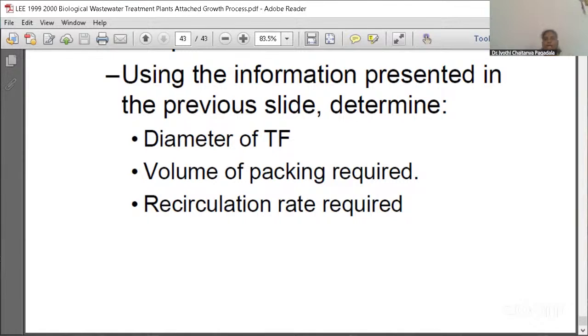The conventional pollutants measure the oxygen, biological oxygen demand, COD, chemical oxygen demand, and DO, dissolved oxygen.